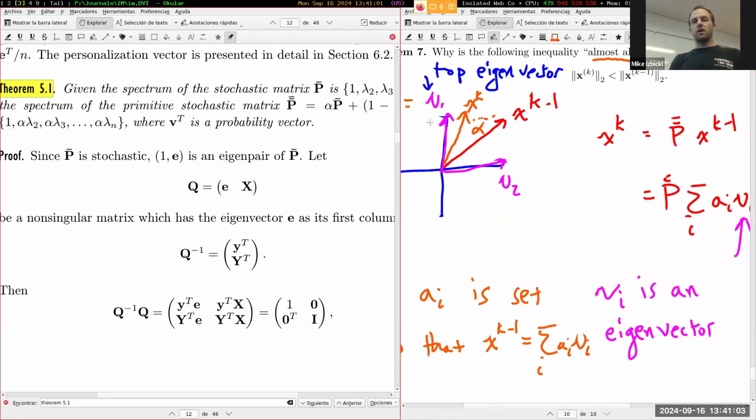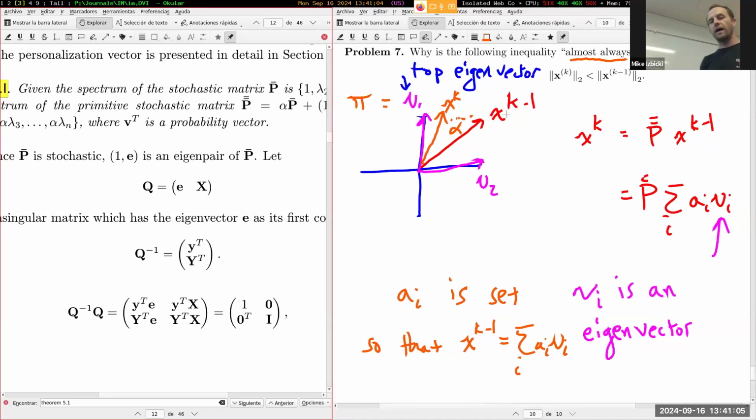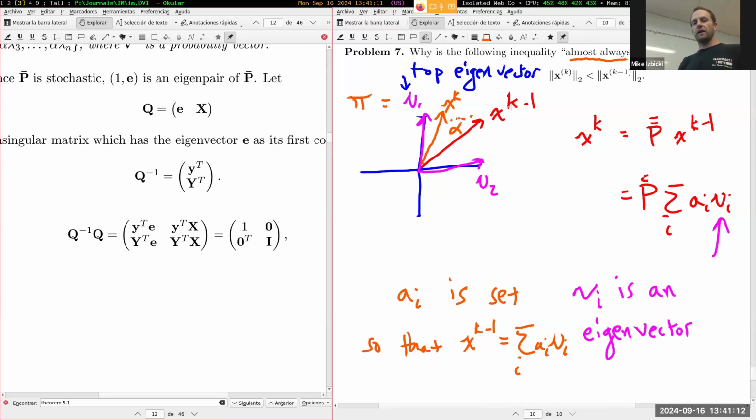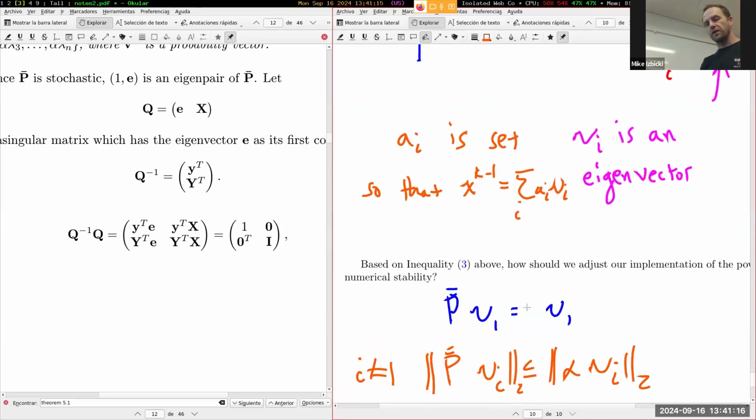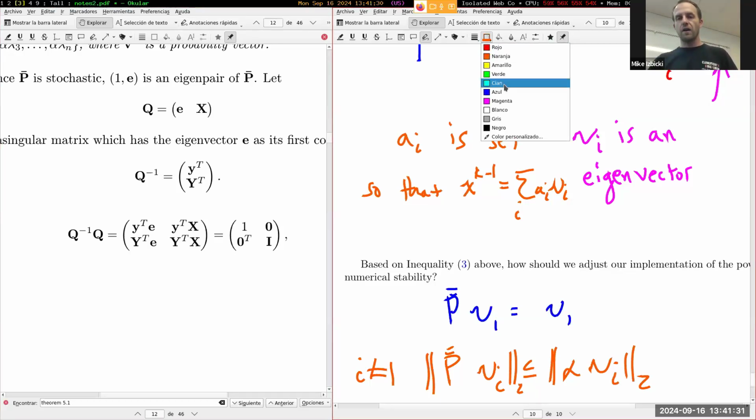The other portion of the question is, why do our iterations converge to the top eigenvector? And the answer is because of these two equations right down here. When we apply our P bar bar matrix to v1, v1 is the top eigenvector, has the top eigenvalue equal to 1. So P bar bar times v1 is guaranteed to be equal to v1. This here is just by definition of the eigenvector.